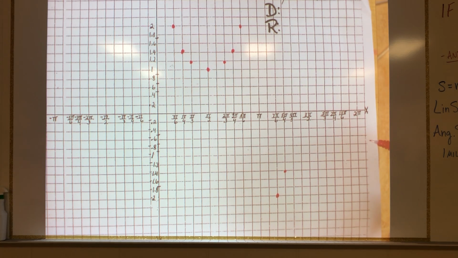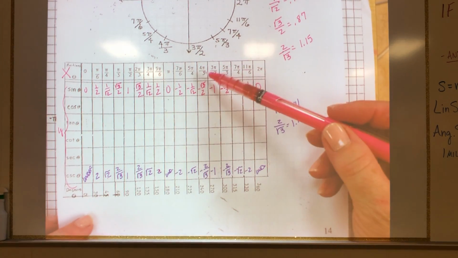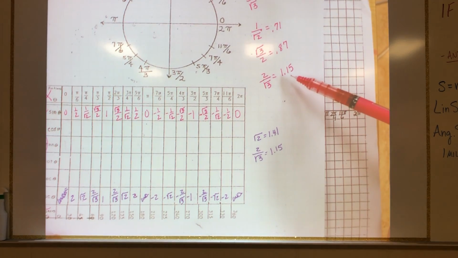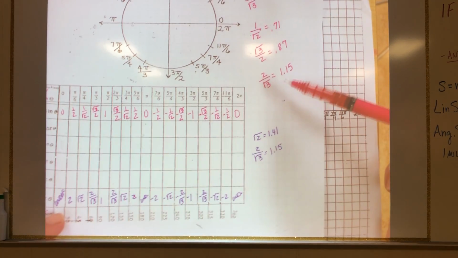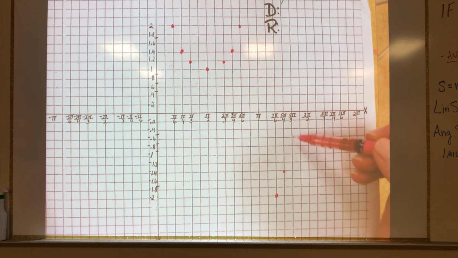Oh, no, it's not, it's good, it's right, sorry. All right, so 4 pi over 3, negative 2 over the square root of 3, so that's negative 1.15, almost negative 1.2. So he's right here.